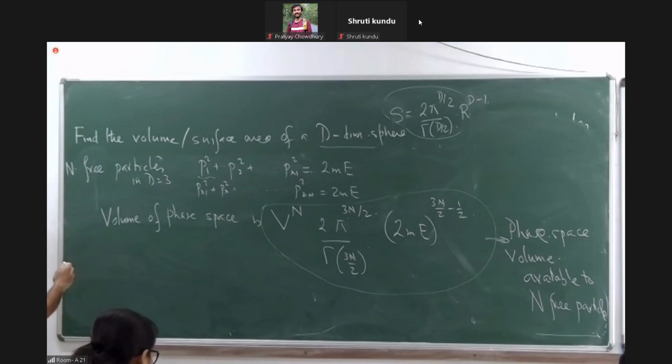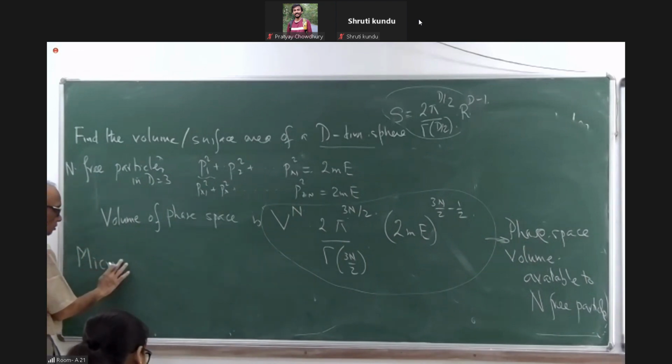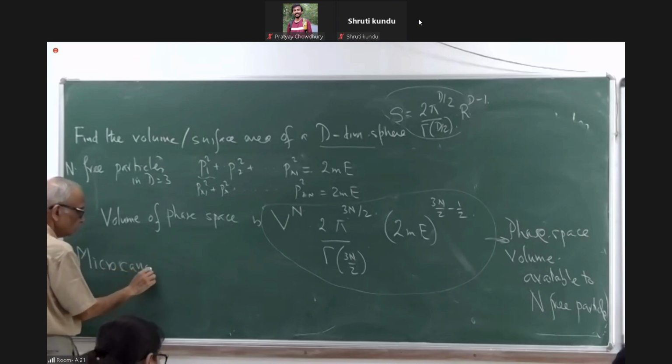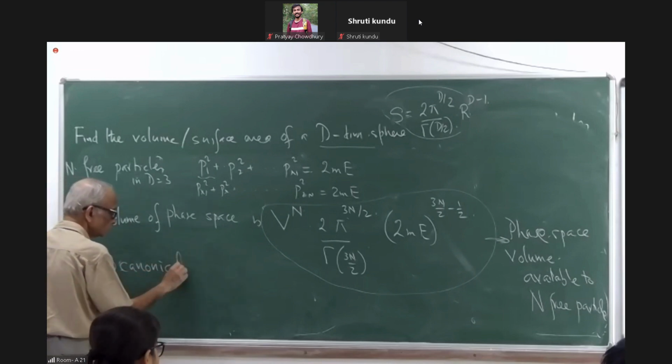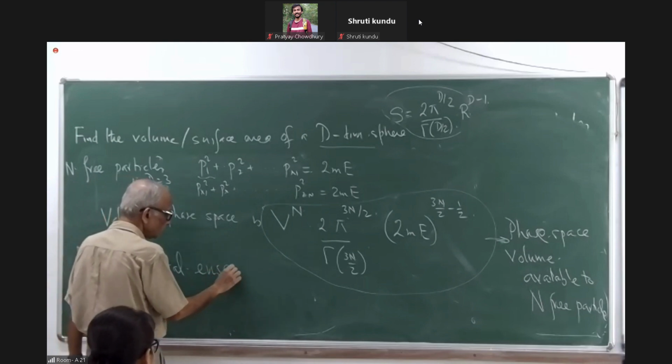So all this is, I mean, just general dynamics. Now comes the question of statistical mechanics. You define what is known as a microcanonical ensemble.